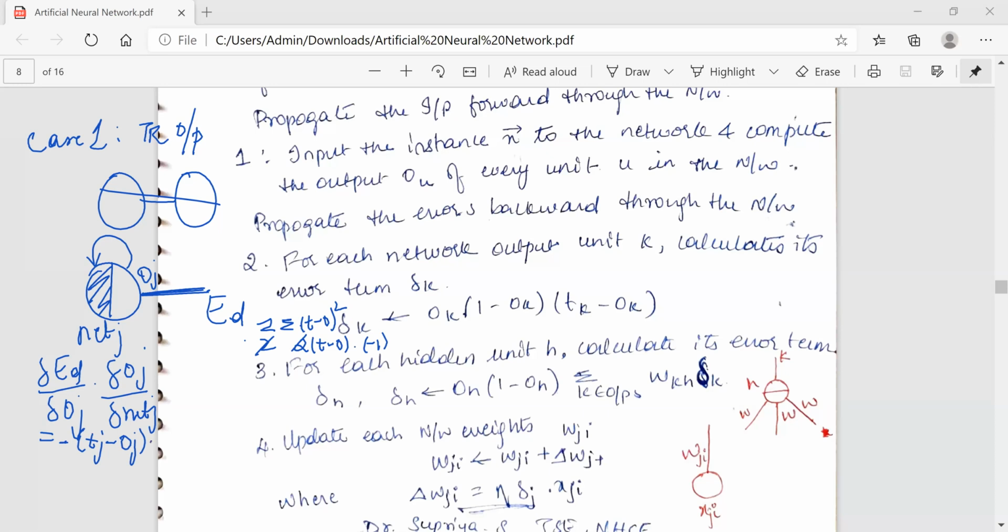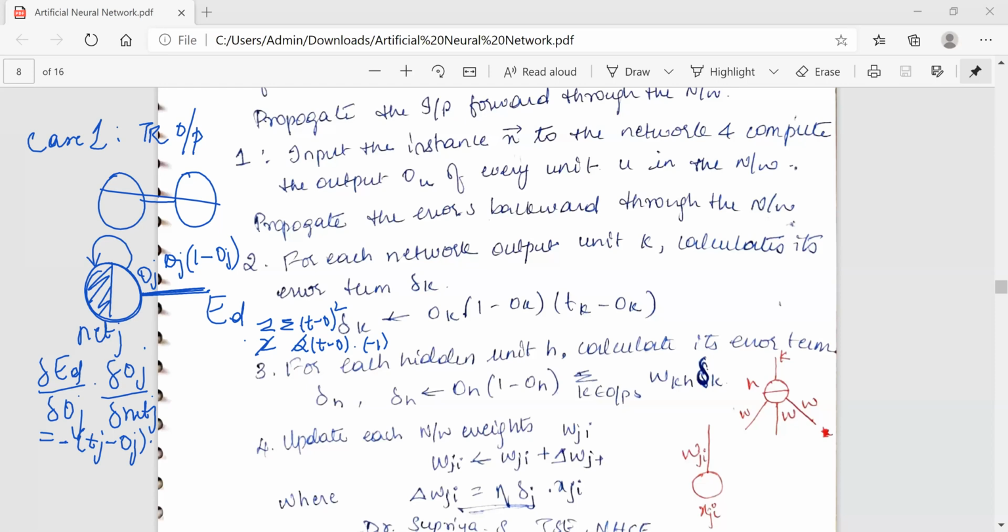The second parameter is, when I have to get the value of one particular neuron, I already know the derivation of that, which is Oj into 1 minus Oj: the output of that particular neuron times 1 minus the output of that neuron.